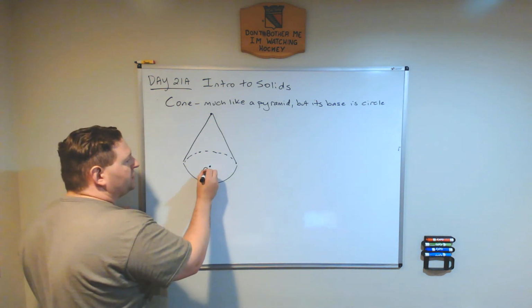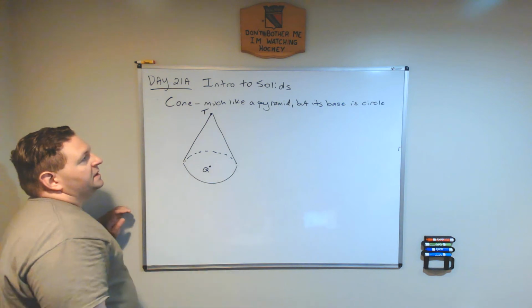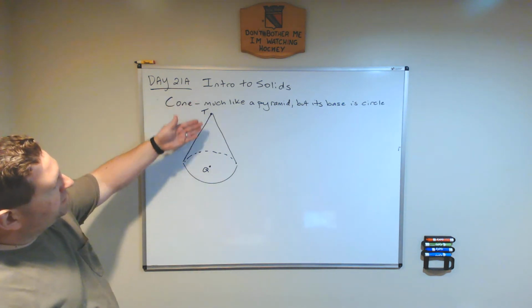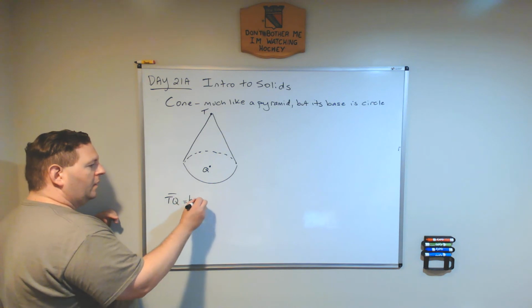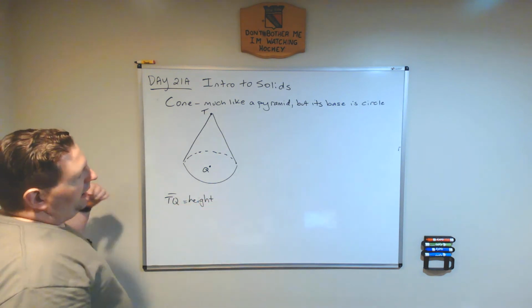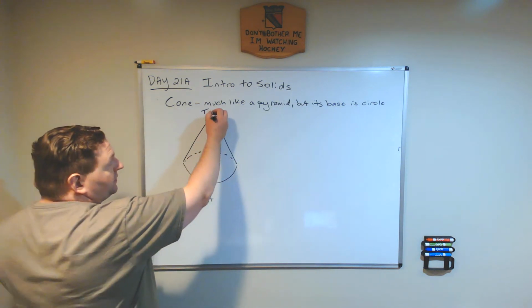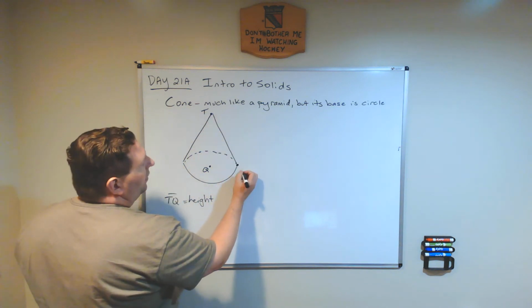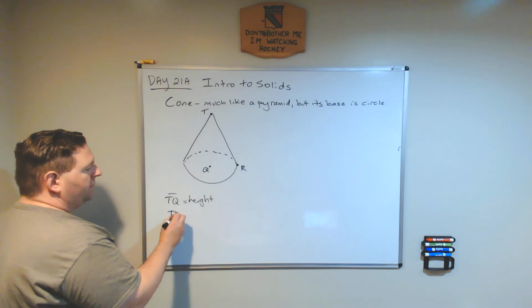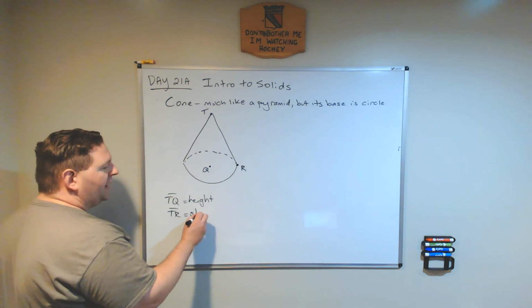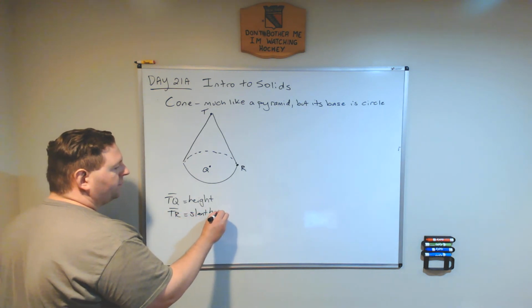Q is the center of the circle, T is the apex, TQ is the height, and then if you walk down the side of the cone, let's say R, right? That is the slant height. So it also has a height and a slant height. Okay?